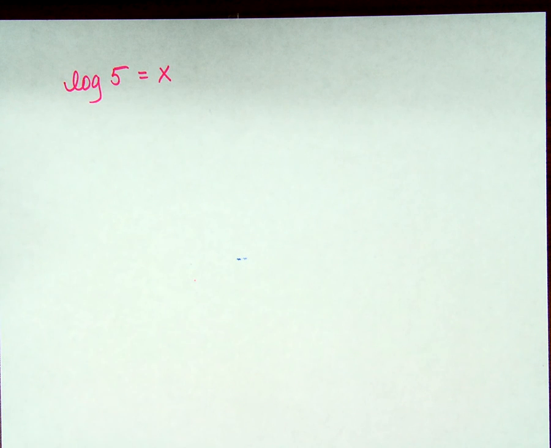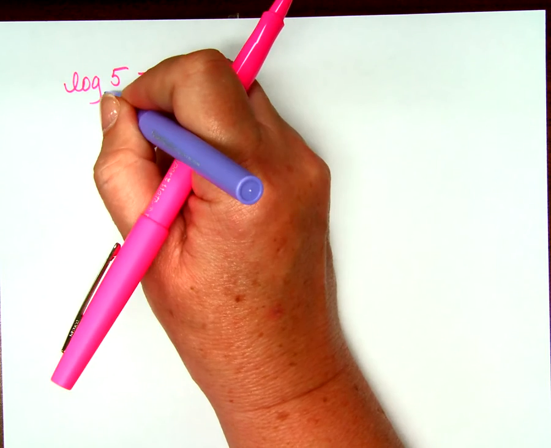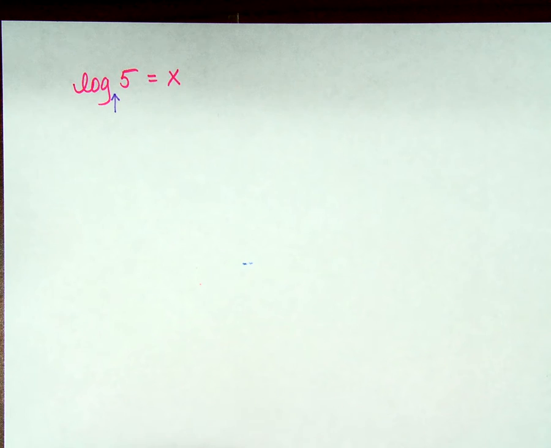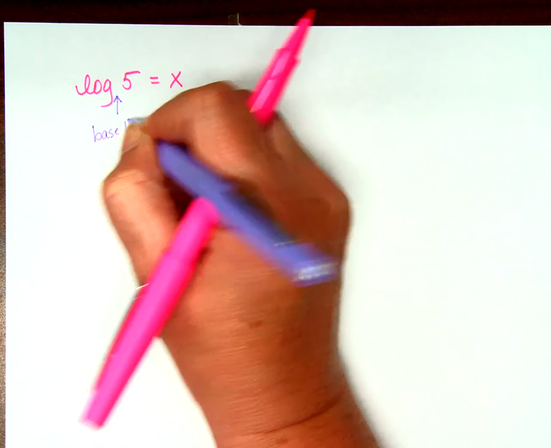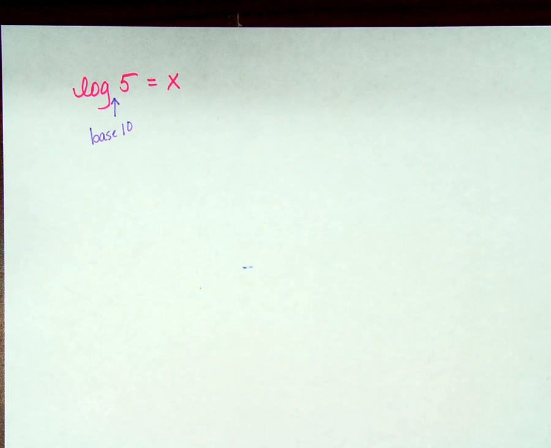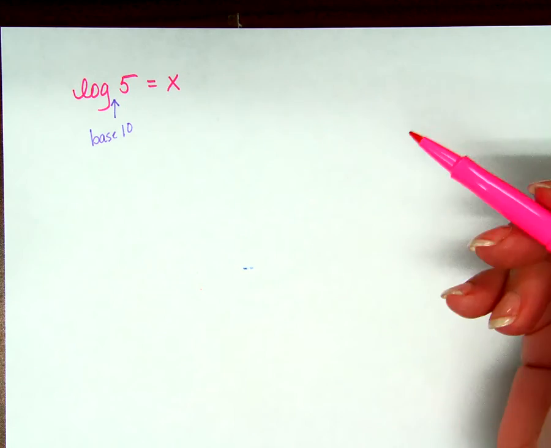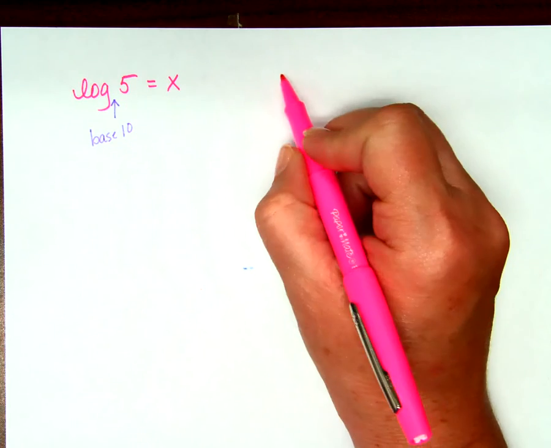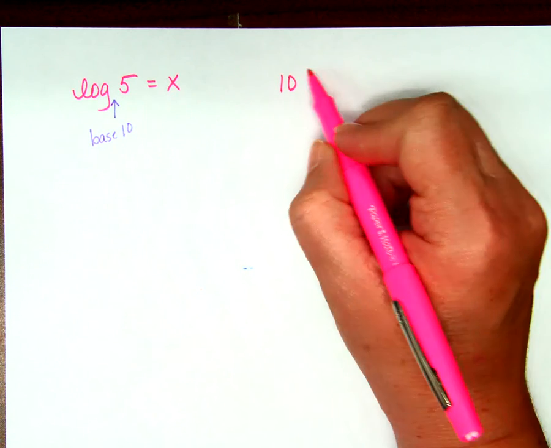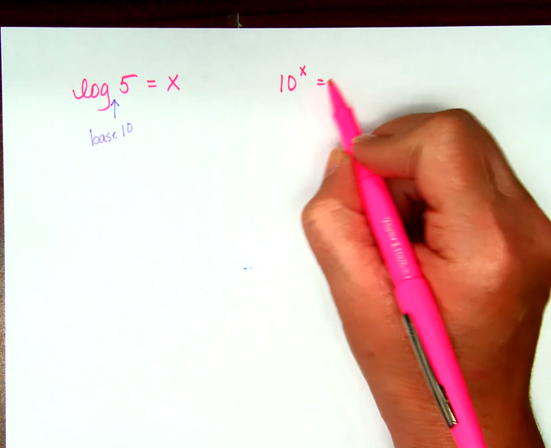Well, because we're talking about common log, what base is actually there? That's a base of 10. Okay, so common log is a base of 10. So if I ask you to rewrite this into exponential form, what would you write? 10 to the x power equals 5.